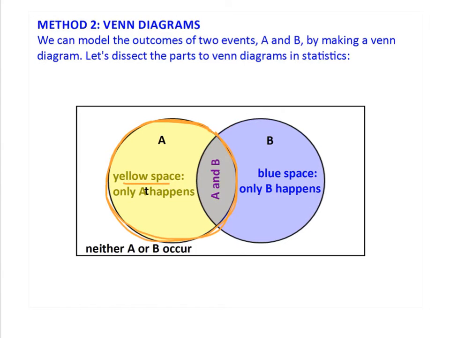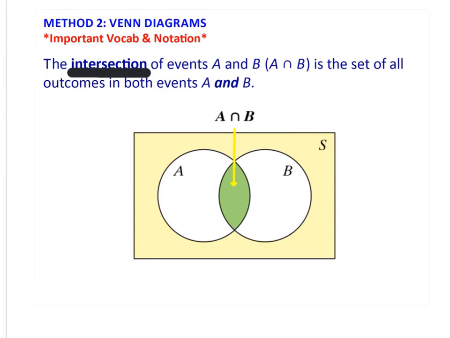The intersection, or this middle piece, this is the stuff that happens in A and B. So that's some probability. This is the overlap, we like to call it. And then if you're outside of the circle, you're in neither A or B. So if you're outside the circles but you're in the square, that's the event that neither A nor B occur. So we have a little bit of vocab and notation to talk about.